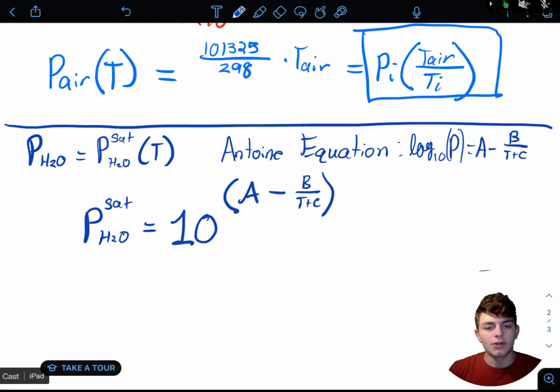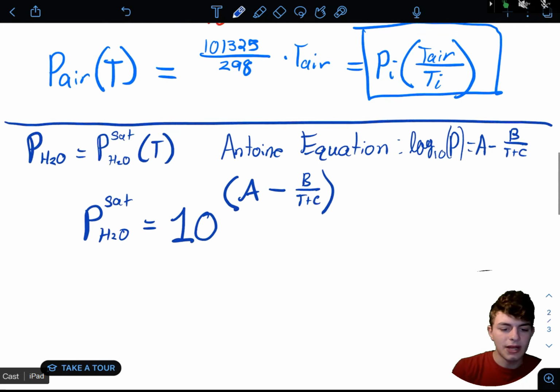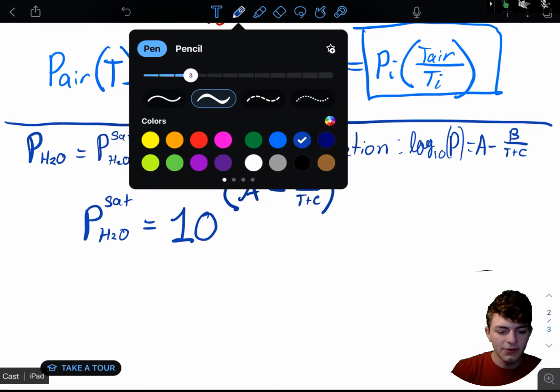Similarly, we also have the partial pressure of air as a function of temperature. So let's write the entire thing down here.